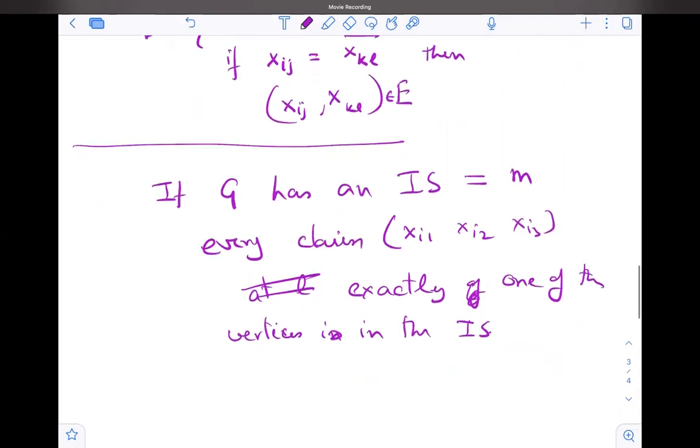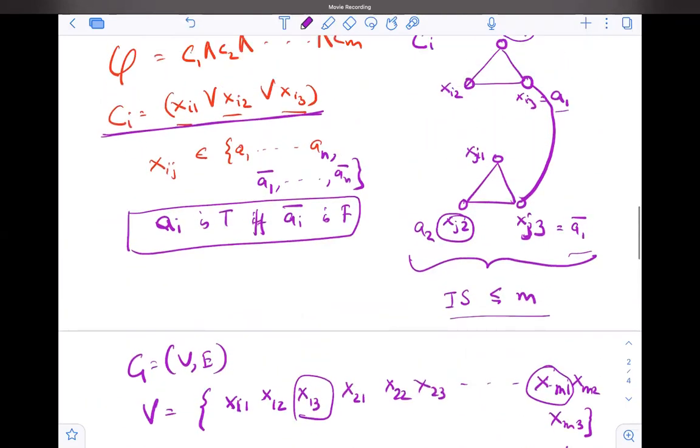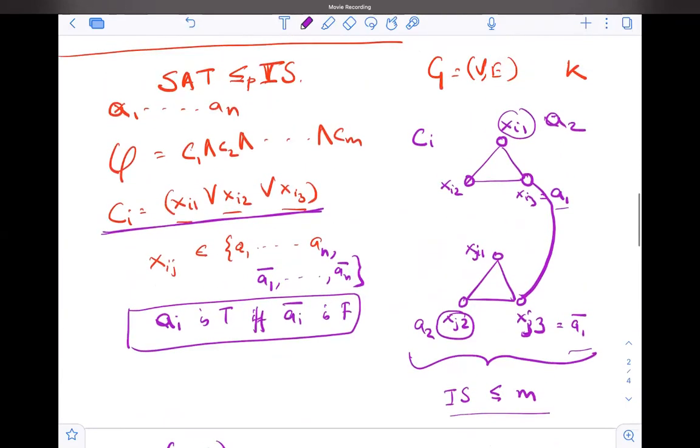So what does it mean? If it is an independent set, can I produce a satisfying assignment for SAT? So the independent set itself gives us the satisfying solution.